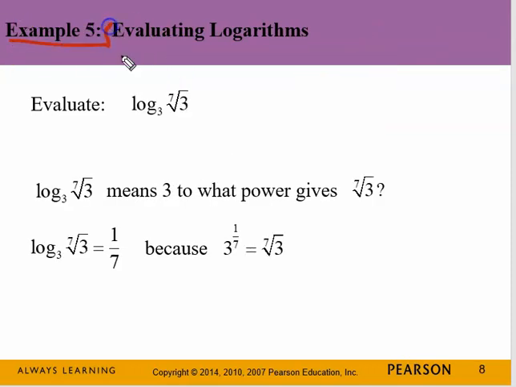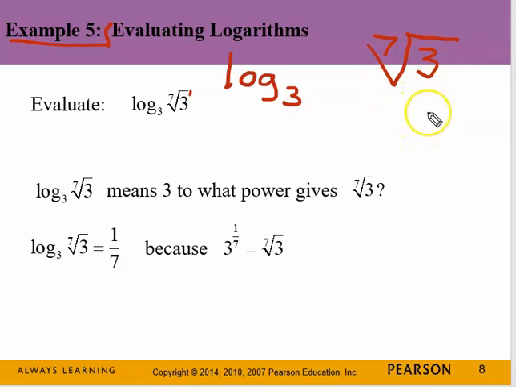Now in example 5, we have the log base 3. Now what I'm going to do is convert this to its fractional exponential form. Now what is this equivalent to? Well, we said we could remove the radical sign. That'll give us our base, which is 3, our radicand.